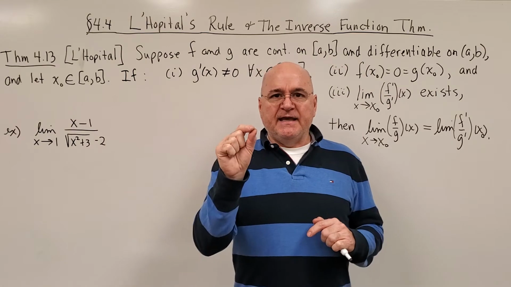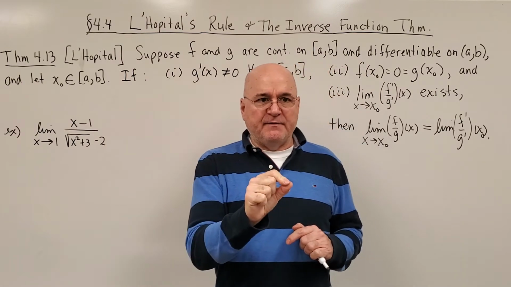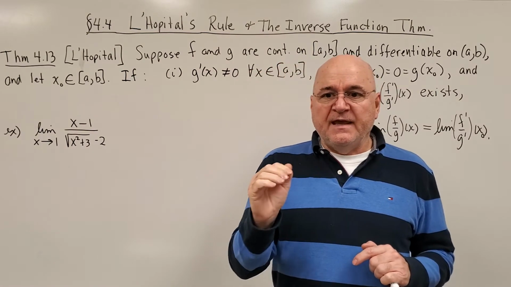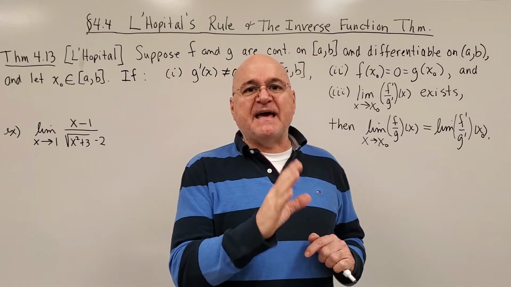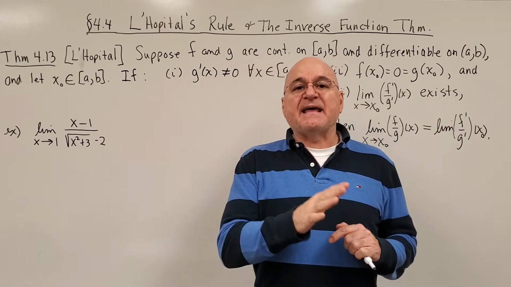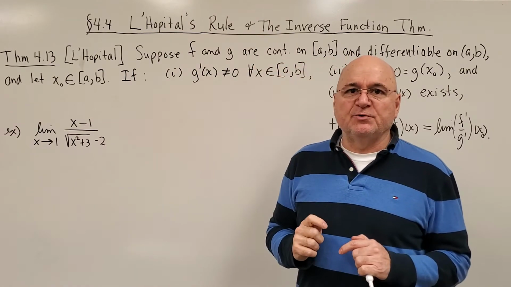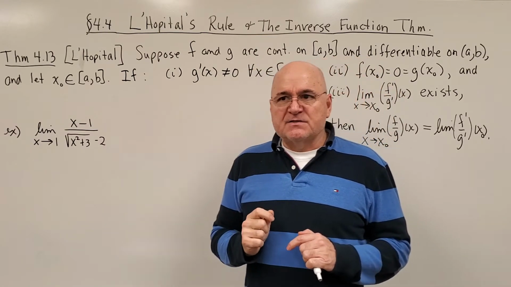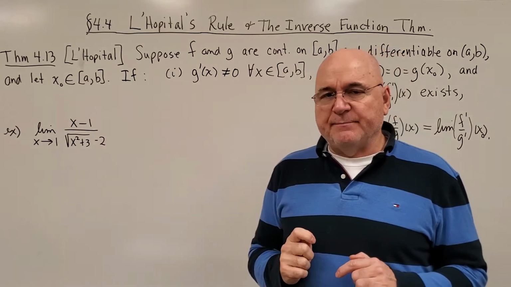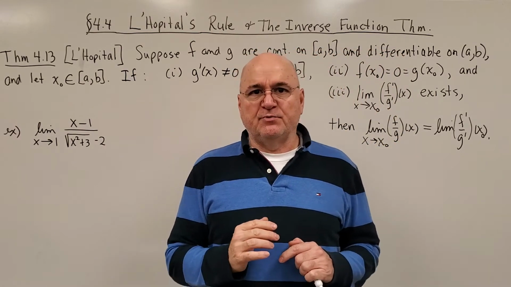So we could look at f prime of x over g prime of x as x goes to x naught, and suppose that has a limit, a value. Well, that's what L'Hopital's rule looks at. So we'll state L'Hopital's rule, do a few examples, and we'll actually prove L'Hopital's rule.